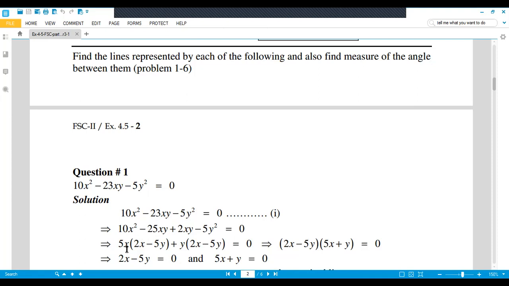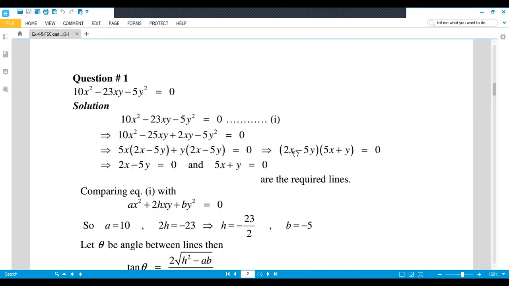So we take 5x common: 5 twos are 10 and x is left, minus 5 fives are 25 and y. And in the last two terms only y is common, so we take y common, that is 2x minus 5y. So we get (2x minus 5y), we take it common, 5x plus y.